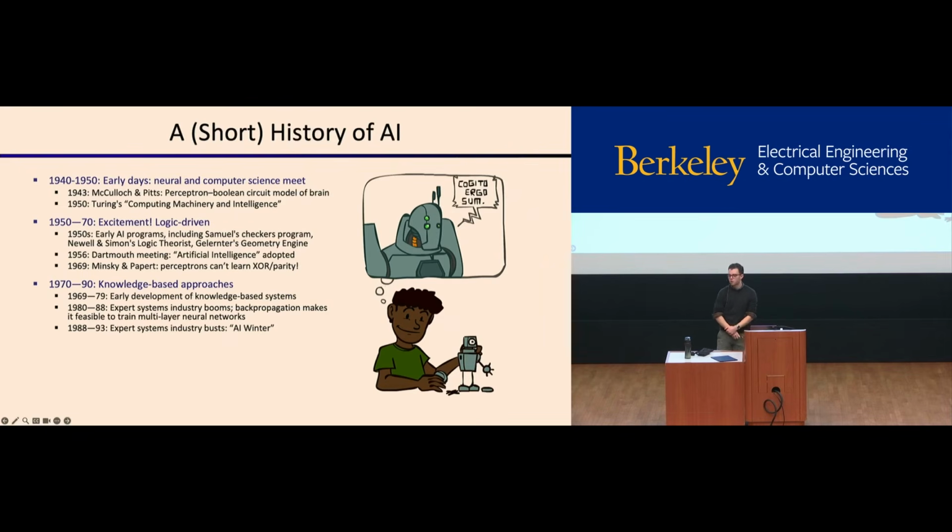We started to work on these knowledge-based reasoning approaches in the 70s and the 80s, and early development of these was going really well. People would type in facts to these knowledge-based systems, like all cats are animals, this cat is an animal.